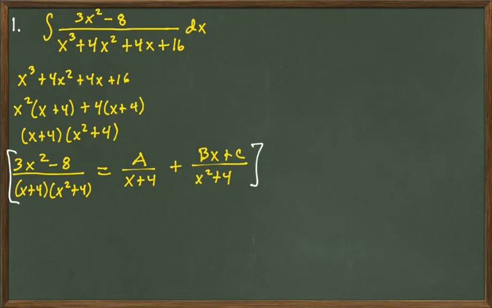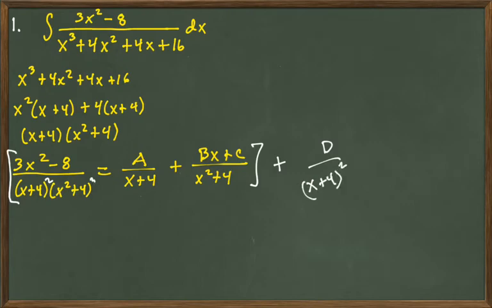And so we'd have more terms if, let's say, you had a square on the x + 4. Then we'd have to use, I guess, letter D over (x + 4)^2.